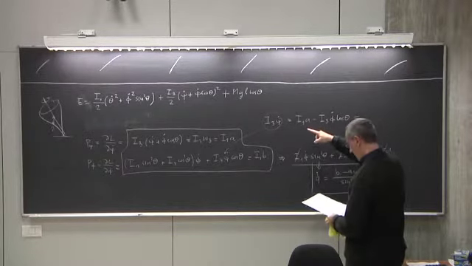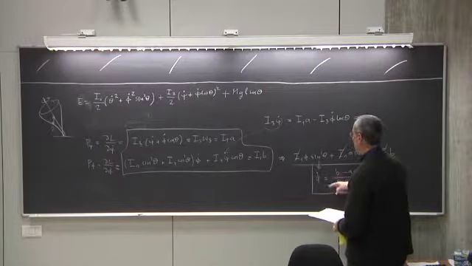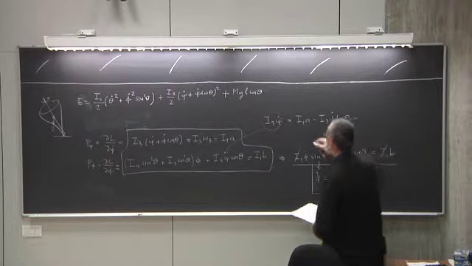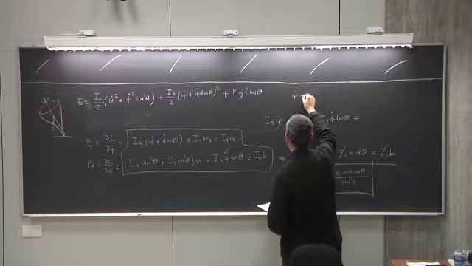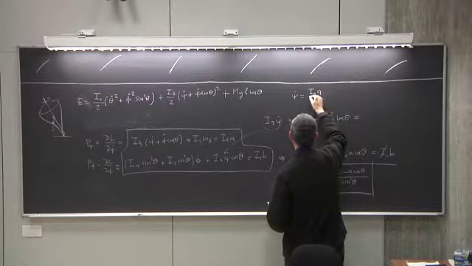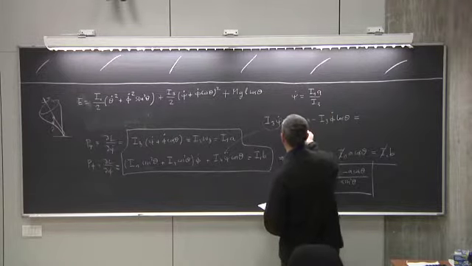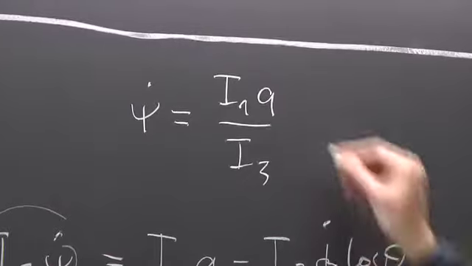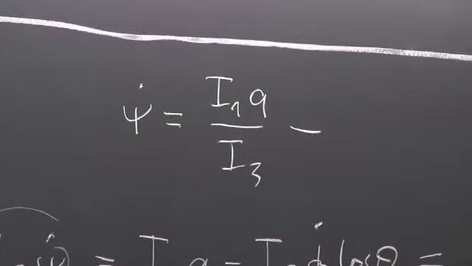But anyway, once I know phi dot, I can plug it back here, right? And if I plug it back there, you see that I get an equation for psi dot. So I take this, I put it in here, then I have I1 a divided by I3 from the first term, minus this combination.